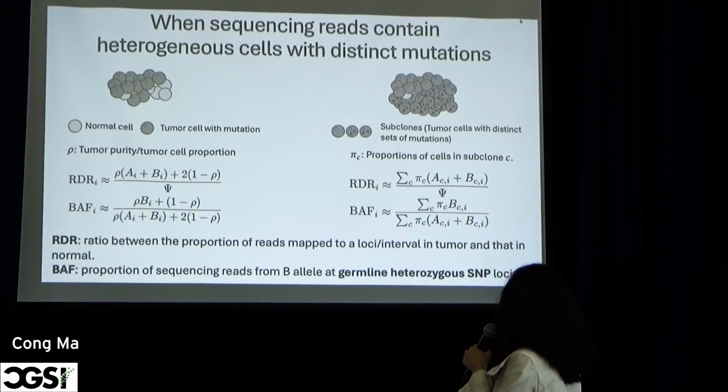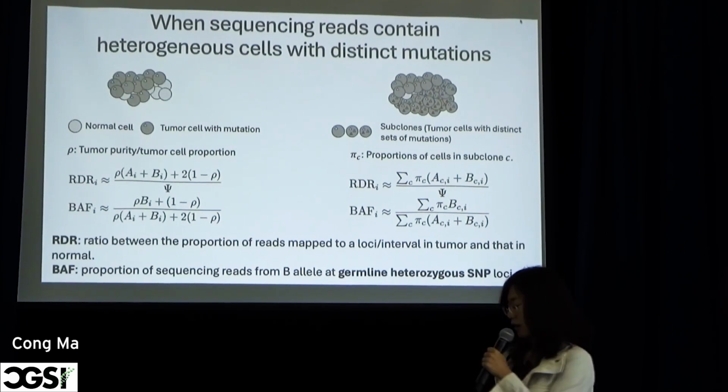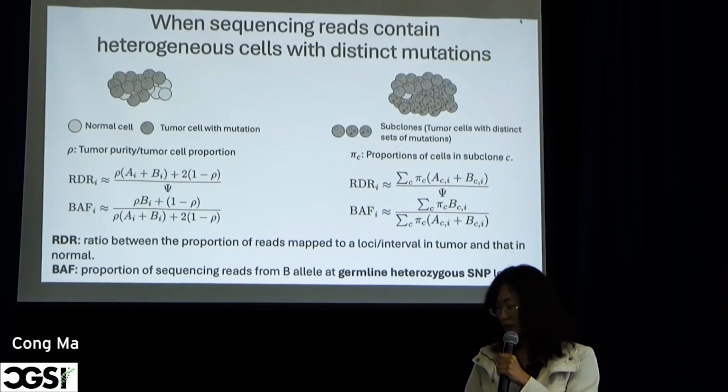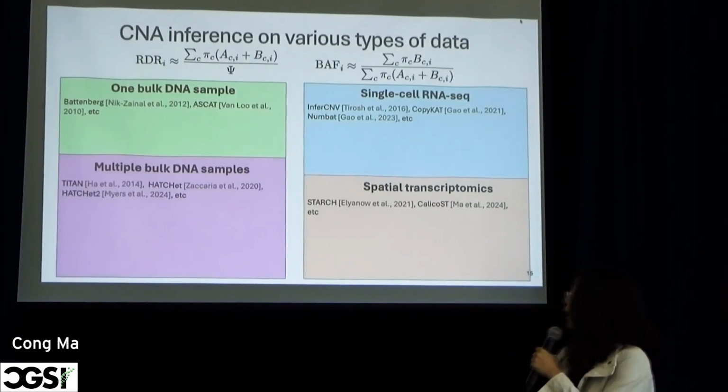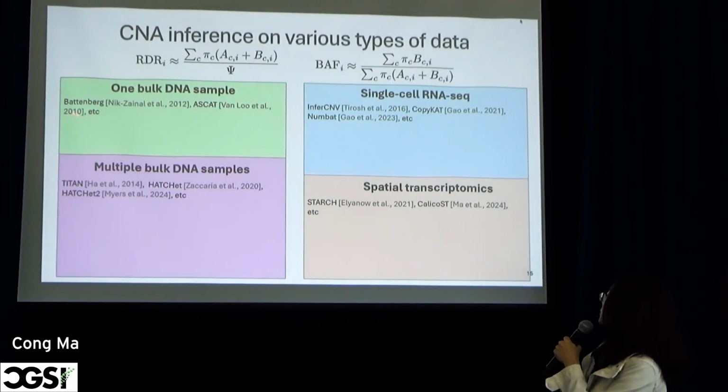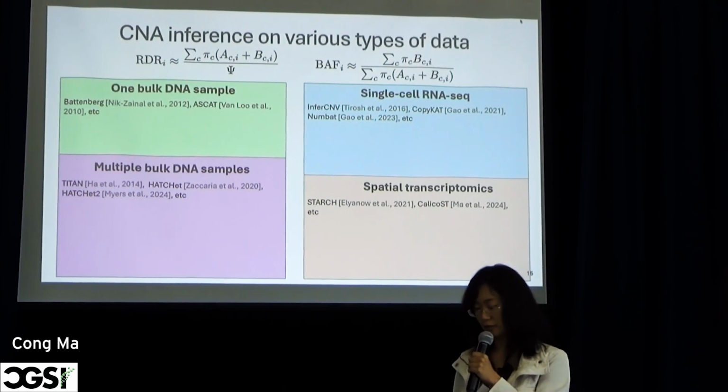So this is actually the core quantity we can use to infer copy number across many different data types. For example, one bulk DNA sequencing sample, or joint inference of copy number across multiple bulk DNA sequencing samples, single cell RNA sequencing samples, and spatial transcriptomics samples, and so on.